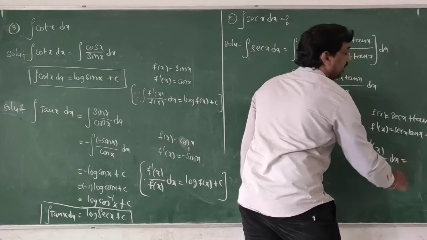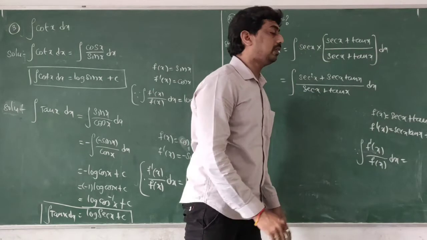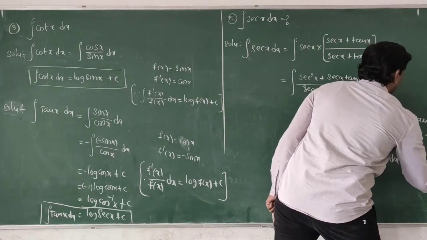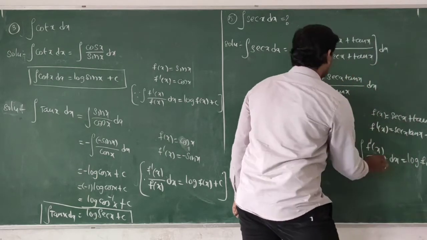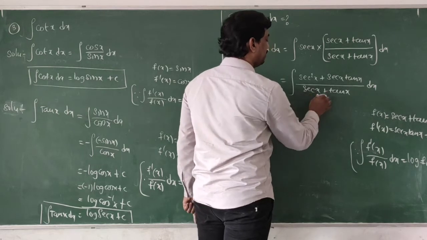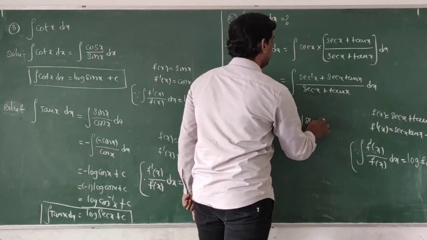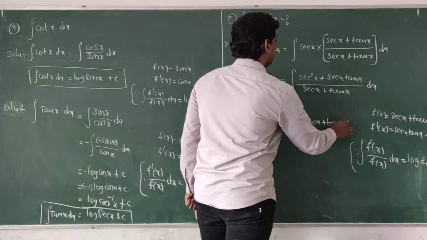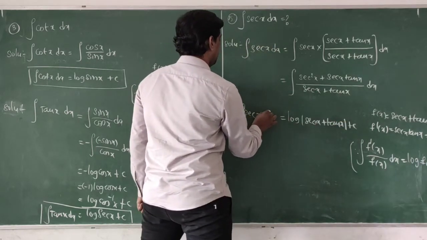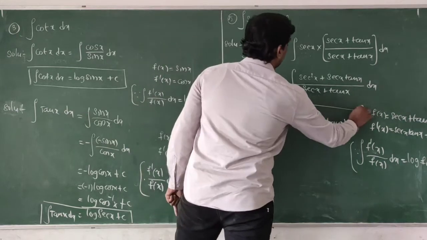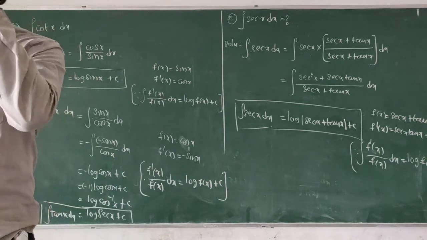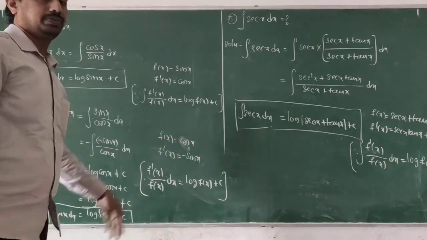What is the formula for that? Log f of x plus c. That's why the value is log of secant x plus tan x, which is the integration of secant x. This is also a formula: integration of secant x dx equals log of secant x plus tan x. Understood? Write it down.